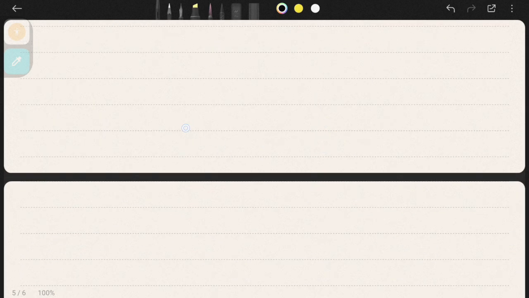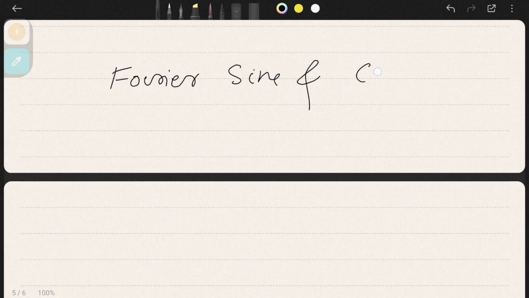So now let's study Fourier sine and cosine integrals. Special case: Fourier sine integral.